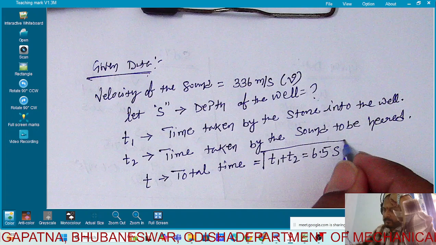From this I need T1 to put in this particular equation. Let us take this as equation 1. So what is T1 here? Can I write root over 2 into S by 9.81?